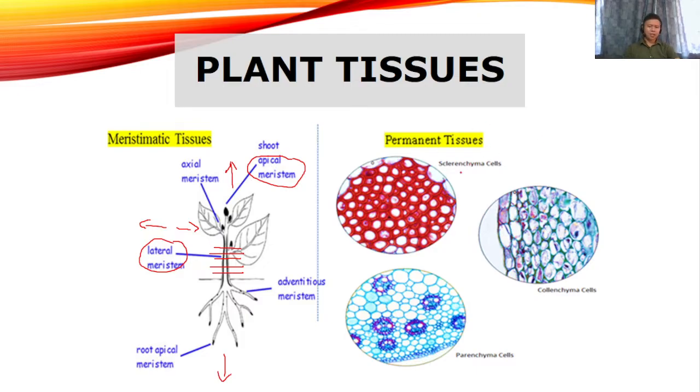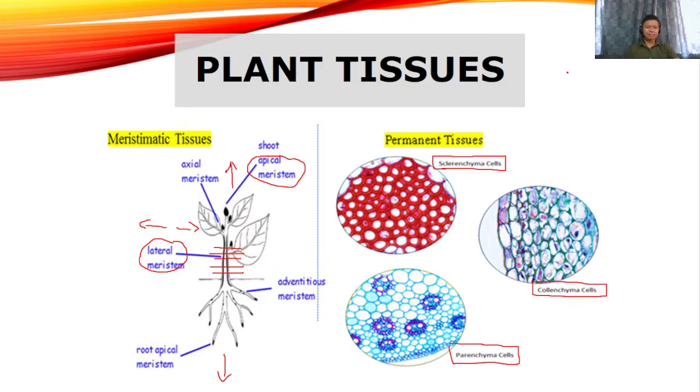Permanent tissues tend to support the plants. Sclerenchyma, made up of dead cells, capable of supporting the plants, coating its body, preventing water loss. Collenchyma, capable of supporting the plants, which is also made for support. Parenchyma, which consists of chloroplast, wherein metabolism takes place, wherein photosynthesis takes place.